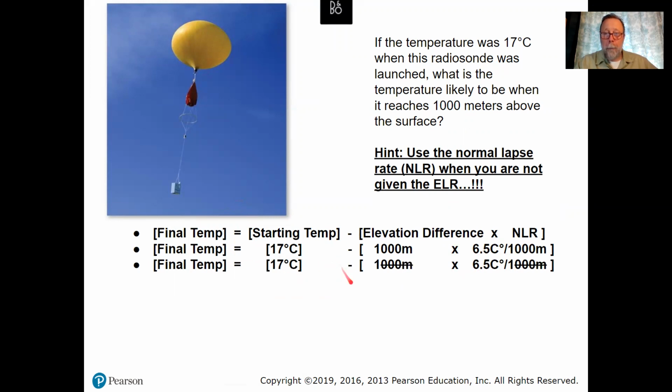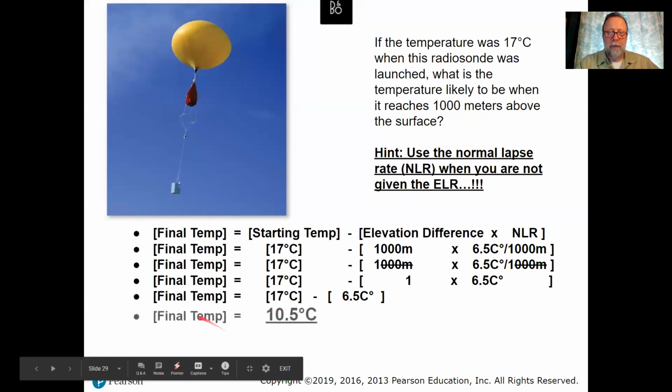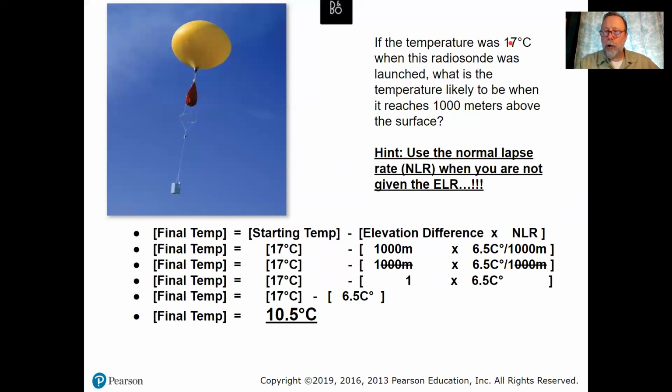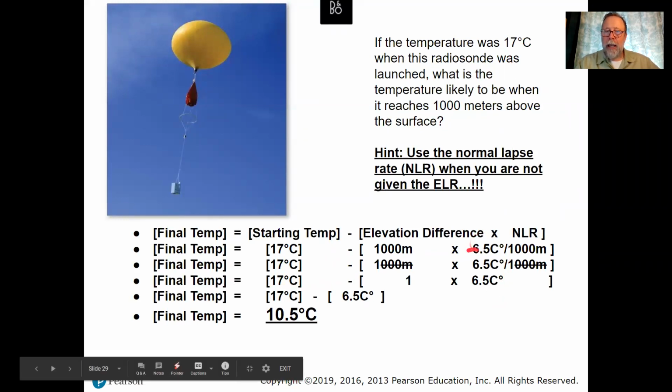So 17 minus, and here's a quick mathematical trick, if you just cancel the 3 zeros and the meters, what do you get? You get 17 minus 1 times 6.5, which is 17 minus 6.5, which is 10.5 Celsius. In other words, we started at 17 Celsius and it cooled off by that much, and it ended up being that temperature.